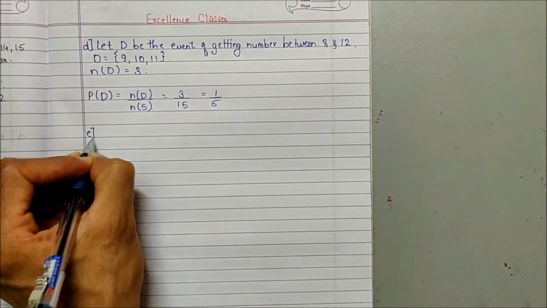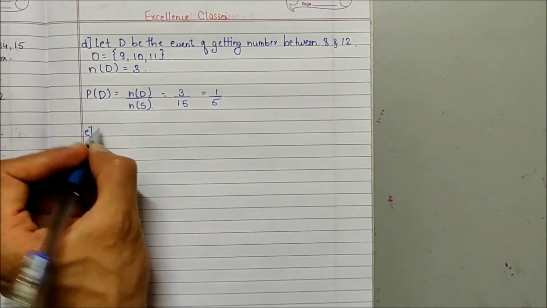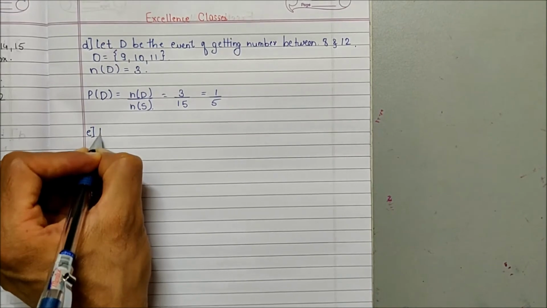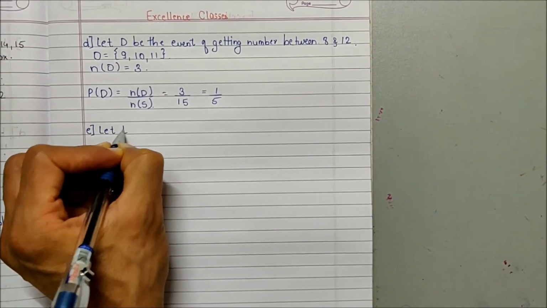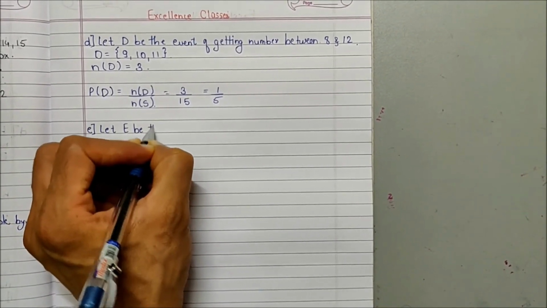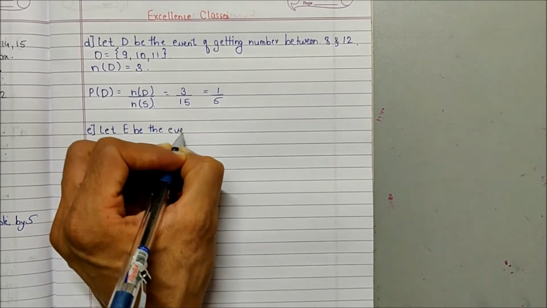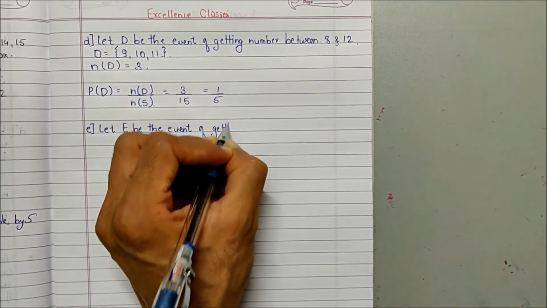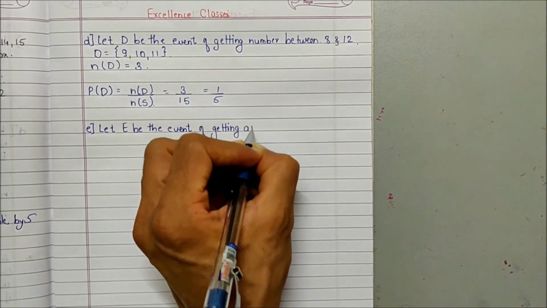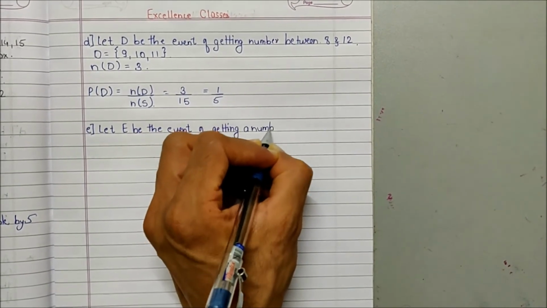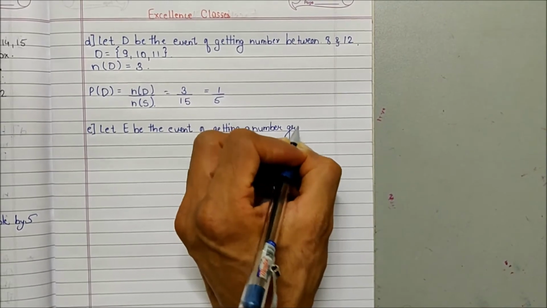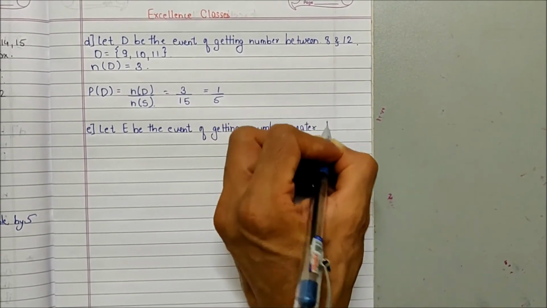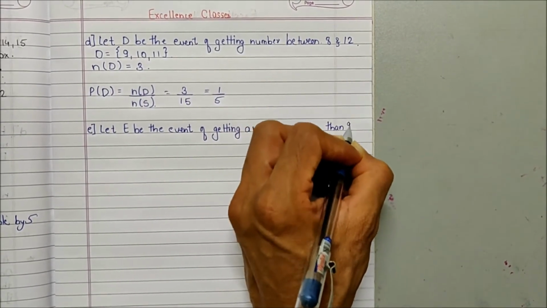In the next sub question E, they have asked us to find the number greater than 9. So let E be the event of getting a number greater than 9.